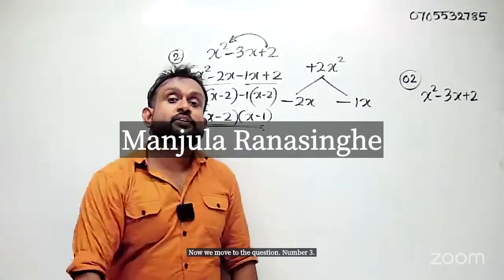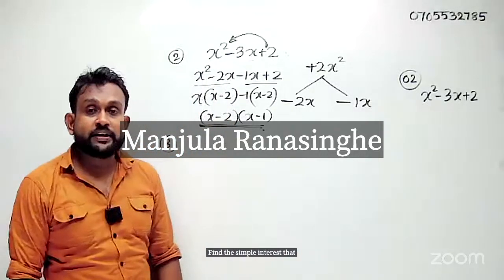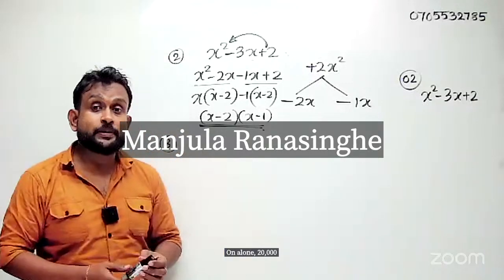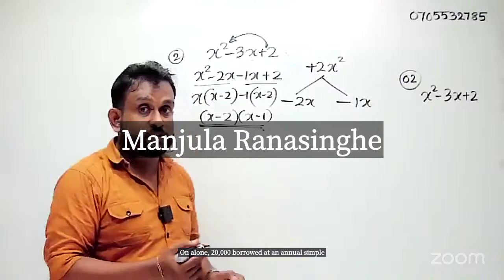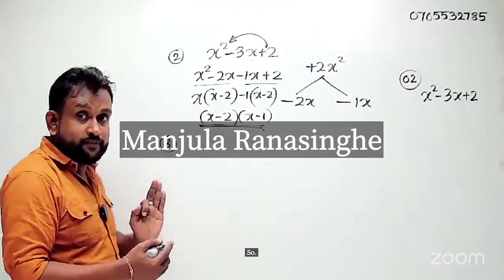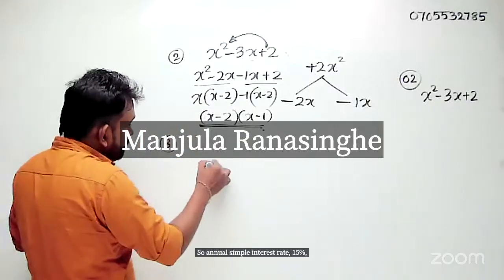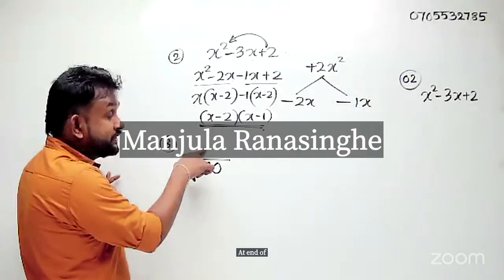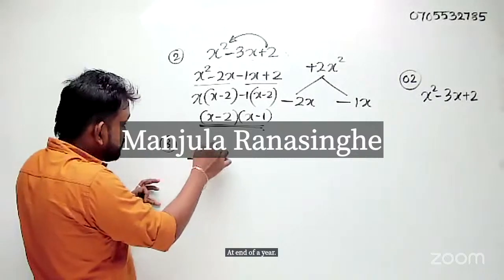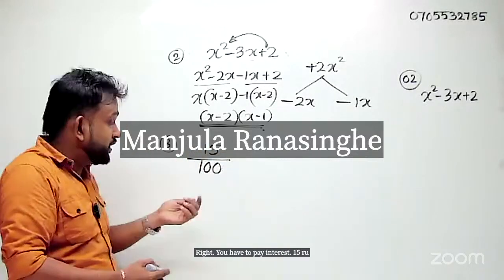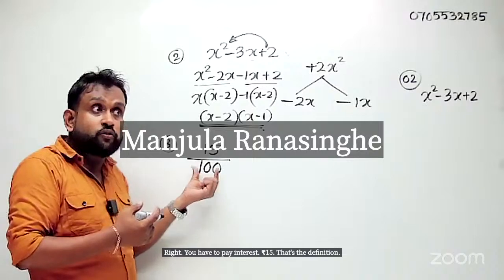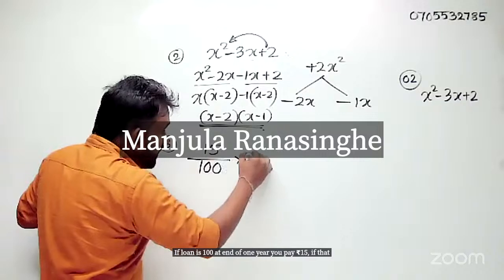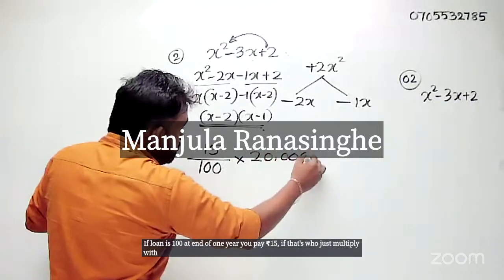Now we move to question number 3. Find the simple interest that has to be paid in 1 year on a loan of 20,000 borrowed at an annual simple interest rate of 15%. That means if you borrow 100 rupees, at the end of a year you have to pay interest of 15 rupees. That's the definition. So just multiply with the loan 20,000.